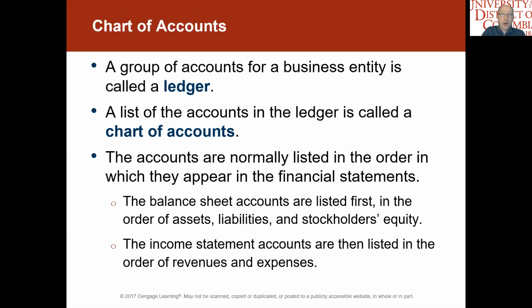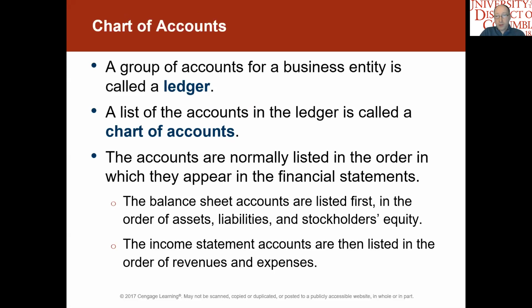Now let's discuss a very important topic called the chart of accounts. The chart of accounts is a list of all of our accounts that we use in our business. A group of accounts for a business entity is called a ledger. The list of the accounts in that ledger are called the chart of accounts.